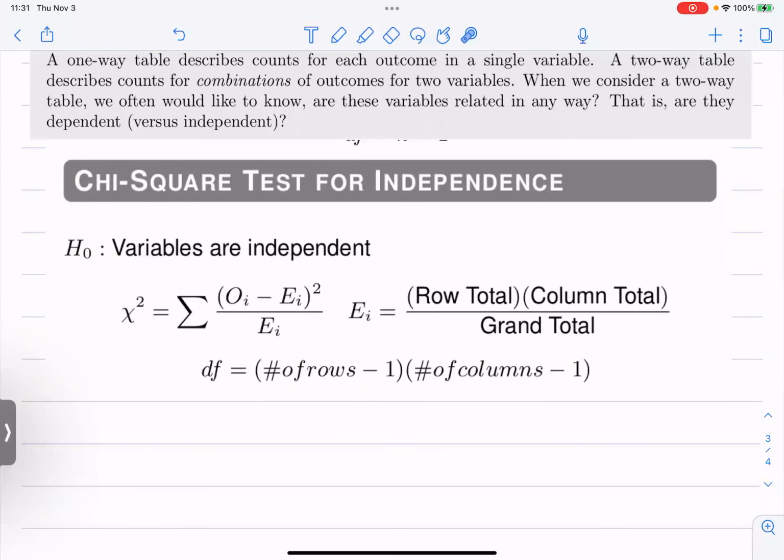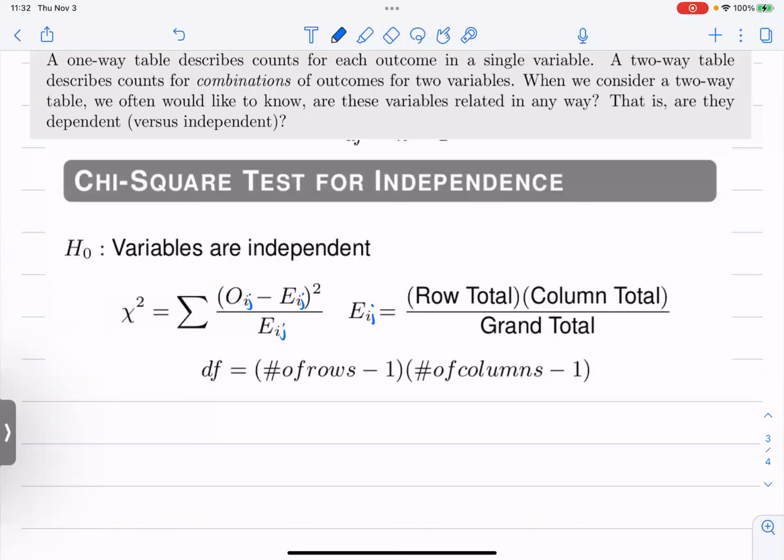Okay. The conditions are the same, and I did realize there's a typo here. It should be EIJ. It doesn't matter for our purposes, but I don't want to spread misinformation in there. So I'll fix that.